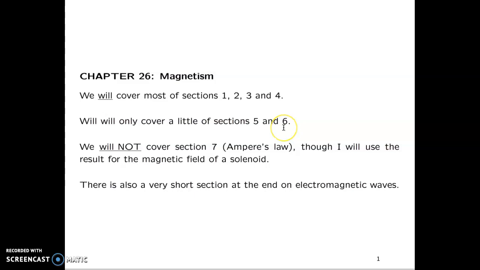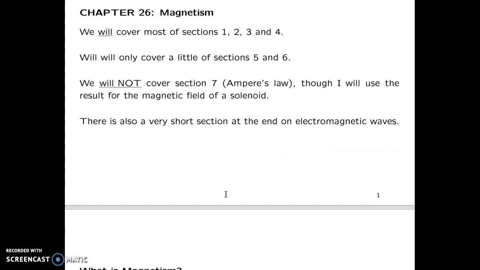In fact, I think we may not even be doing any of section 6, and definitely not doing section 7 on Ampere's law. Okay. And there will also be just a little short section at the end of this chapter of the lecture notes on electromagnetic waves. That actually comes from a different chapter, but we'll deal with that when we get there.